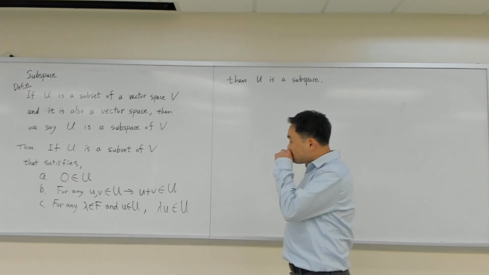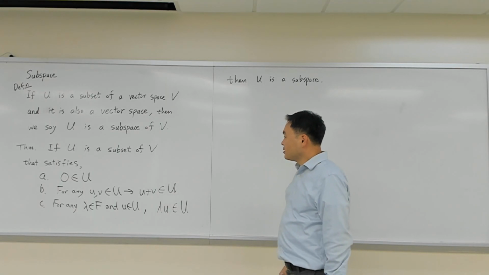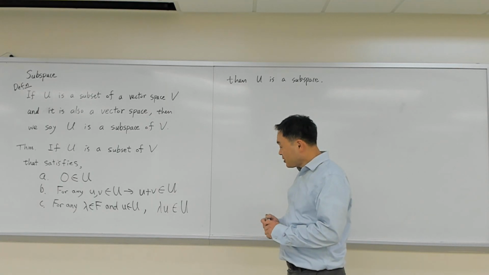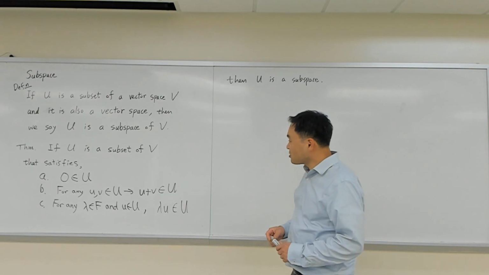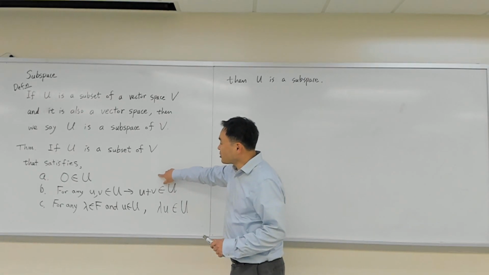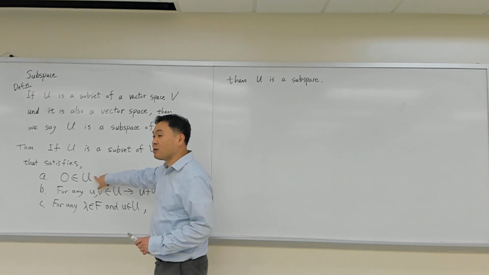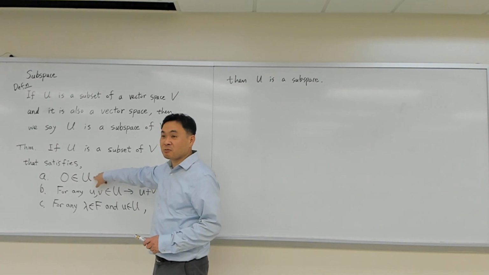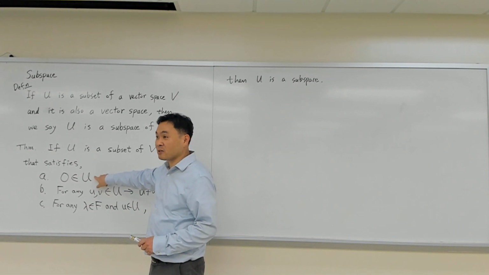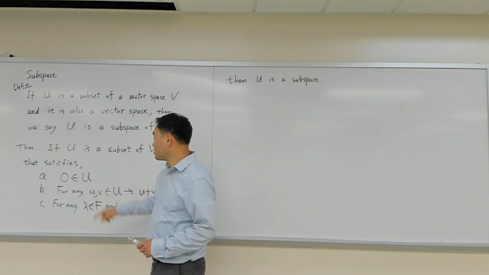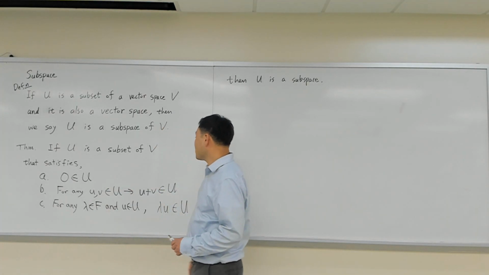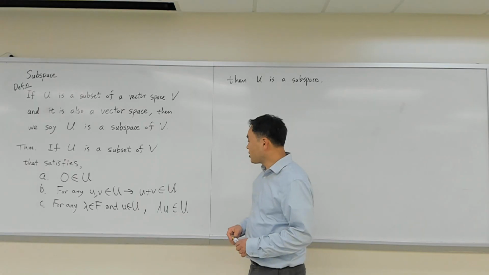Now, let's try to see what each of these are. This is actually one of the conditions of being a vector space. This means additive identity should be there. That was one of the conditions for being a vector space. So that's directly from there.